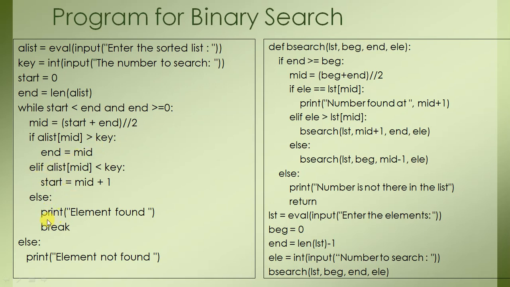If you get the midpoint, you compare the midpoint with the element, you print that the element has been found and you break out. And if you go through this loop and you do not succeed in your search, then you will be using the else portion of this while loop, just printing that the element is not found.